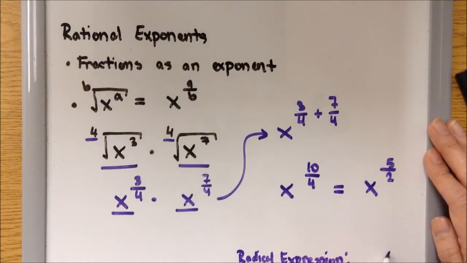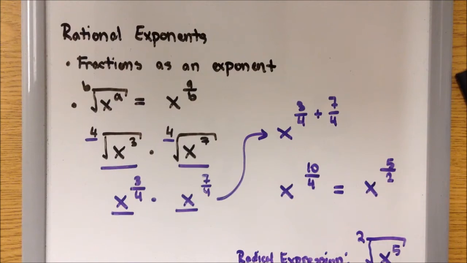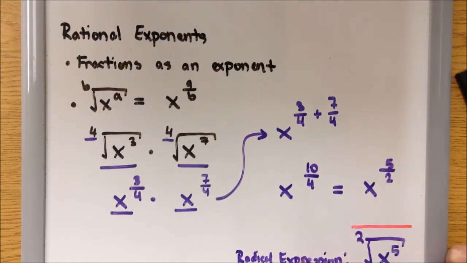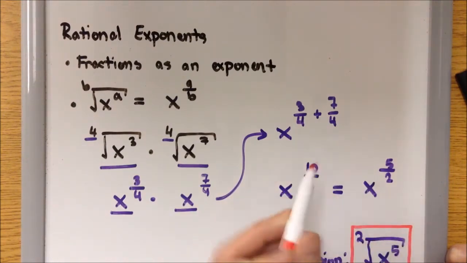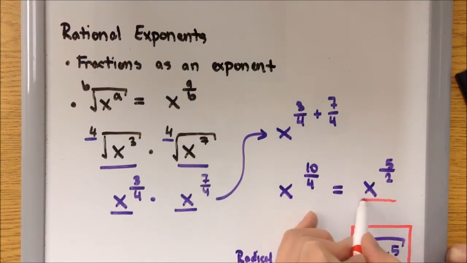So it's x. What's in my numerator will be on the x. What's in my denominator will be outside. So that's where we would stop. So if I ask you, give me the radical expression, this is where you would stop. Now if I ask you, give me the rational exponent expression, this is where you would stop.